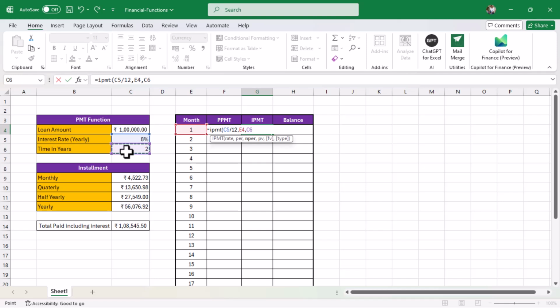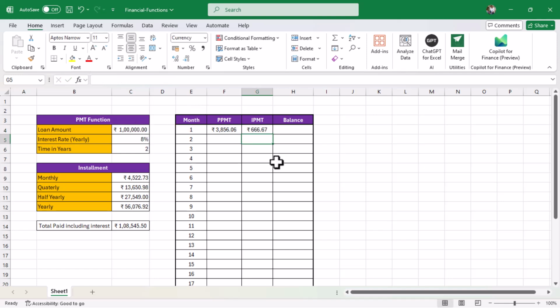So it is 2 multiplied by 12, comma, what is the loan amount? It's a debt on me, so negative and this value, close bracket and hit enter. So end of the first month, I'll pay interest of 666.67.